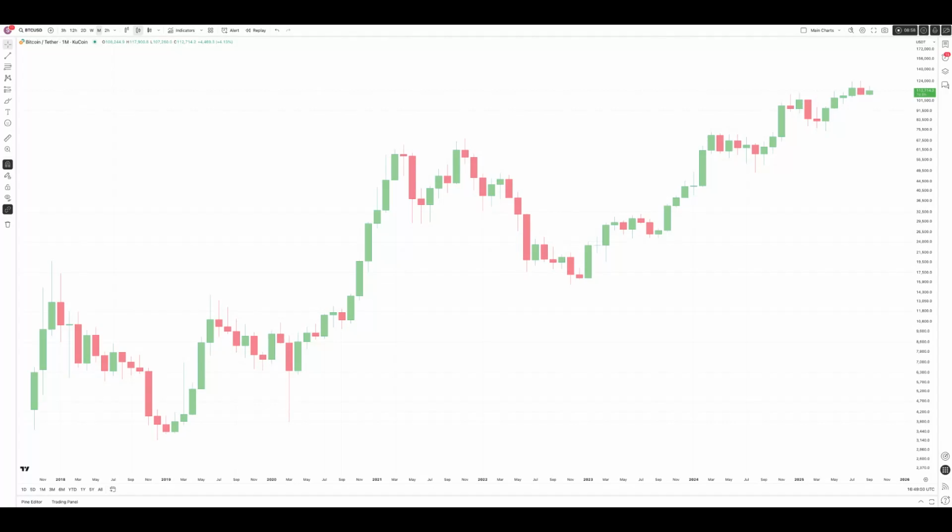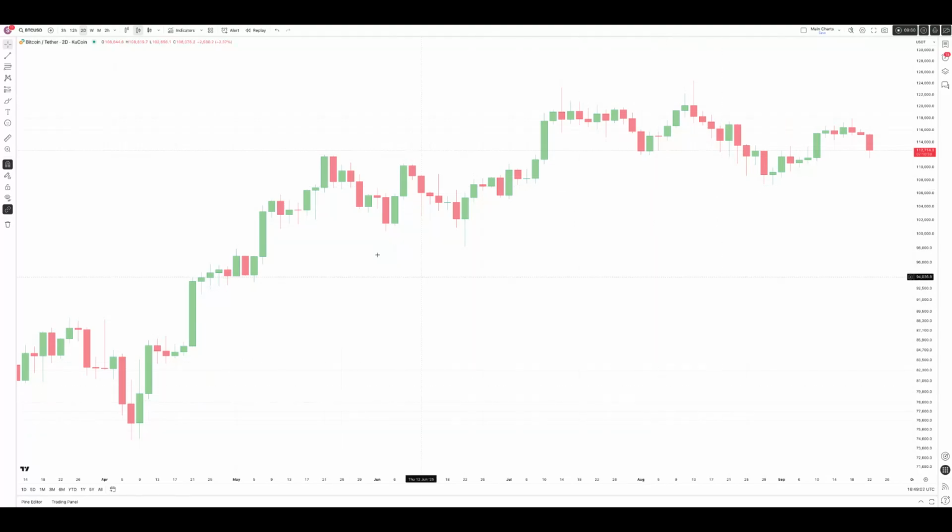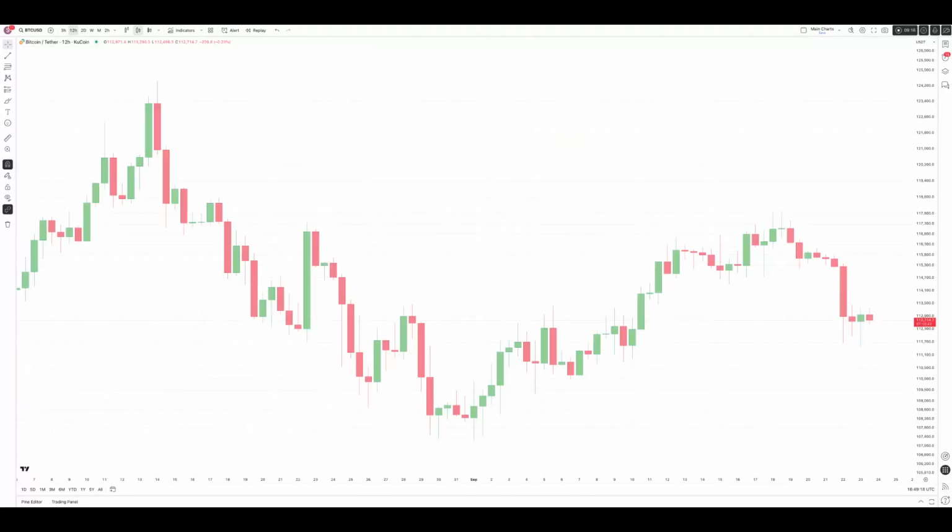Okay, so I have the 2-day chart. And if you divide the 2 days by 4, that's easy and clean math, because you're going to have 48 hours divided by 4 is 12 hours. So the next one is the 12-hour chart. And finally, now it's very obvious what I'm going to do. Divide the 12 hours by 4. And that's 3 hours, okay?